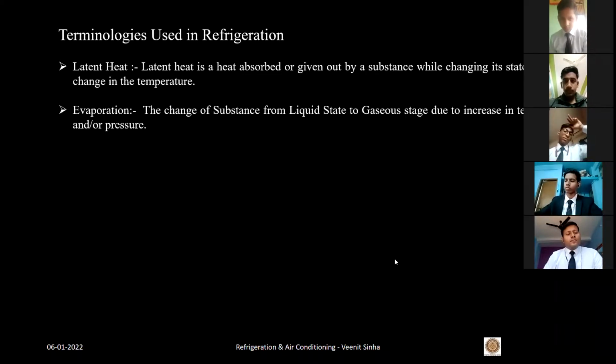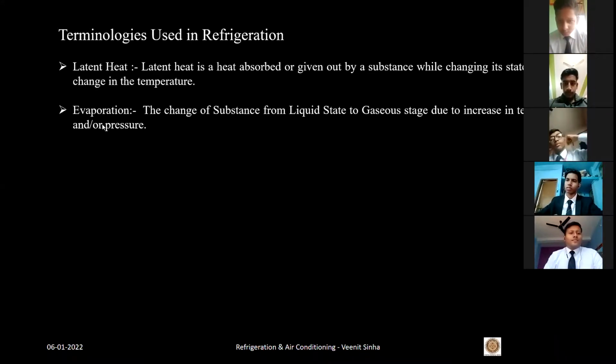Next is evaporation, basic school science, which you might have studied when you were in 6th standard. Evaporation: the change of a substance from liquid state to gaseous state due to increase in temperature and/or pressure.